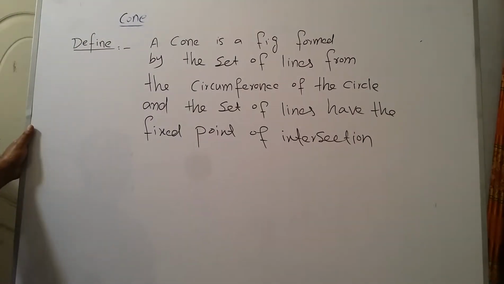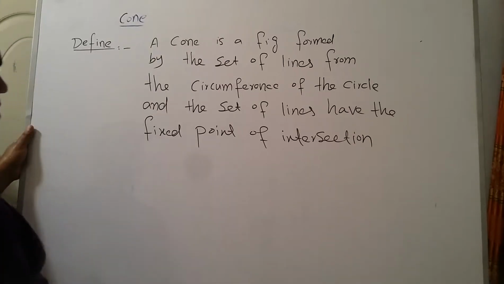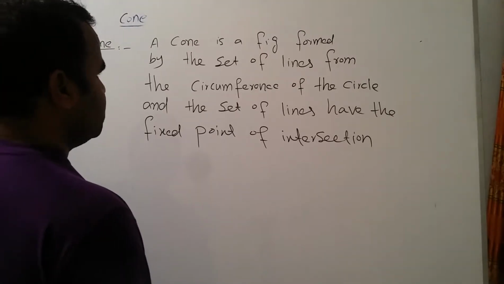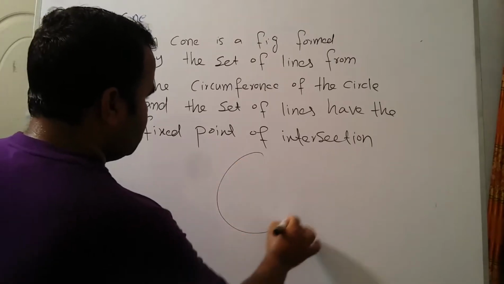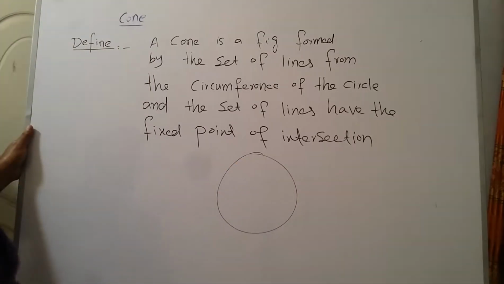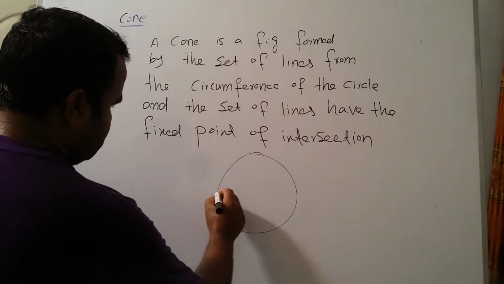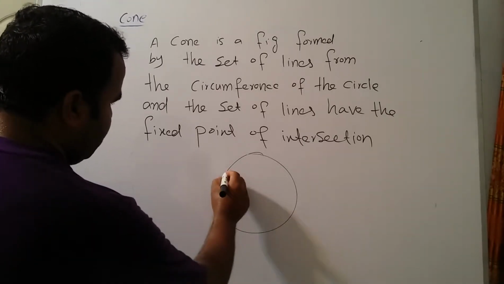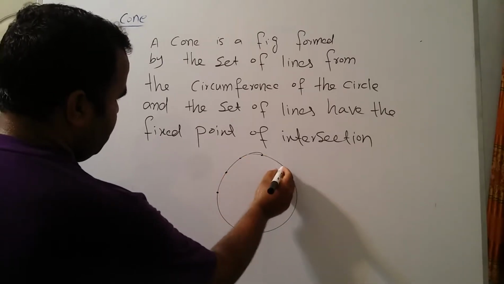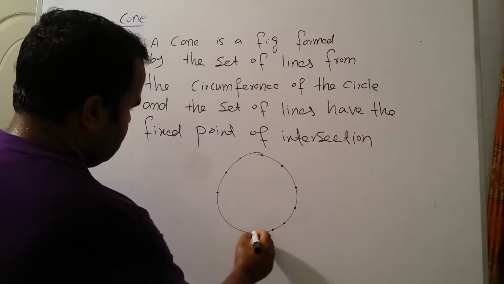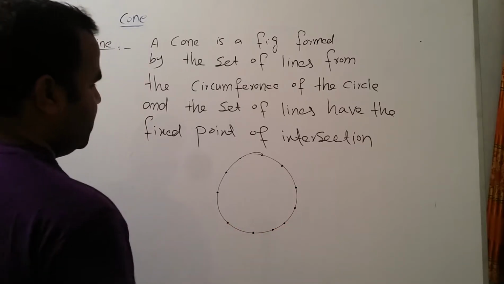A cone is formed by the set of lines from the circumference of a circle. Suppose this is a circle and these are the set of lines from the circumference. So this is the circumference, these are some points.